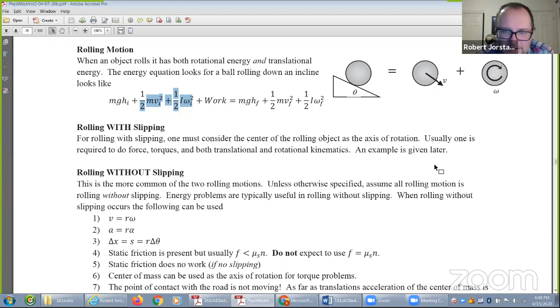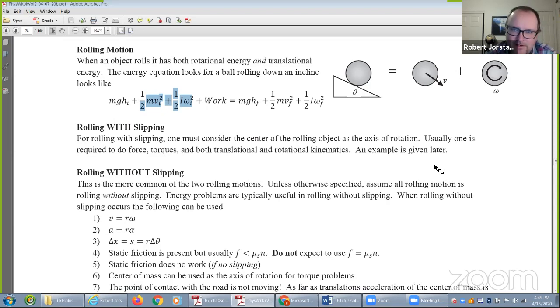friction is required if you're going to have rolling motion. If you don't have rolling motion, it would just slide like an ice cube and it wouldn't ever twist. So without friction, you wouldn't have rolling motion. However, the point of contact of the wheel with the road is not actually moving relative to the road.